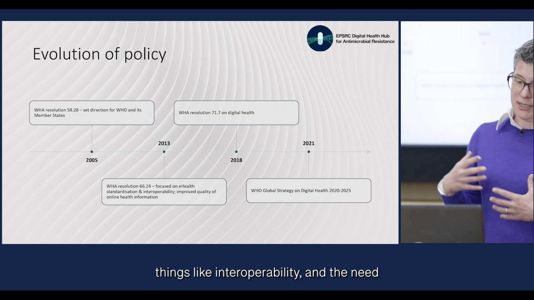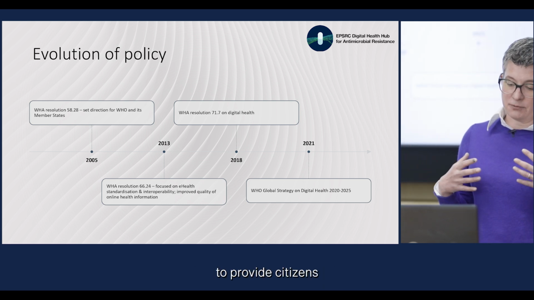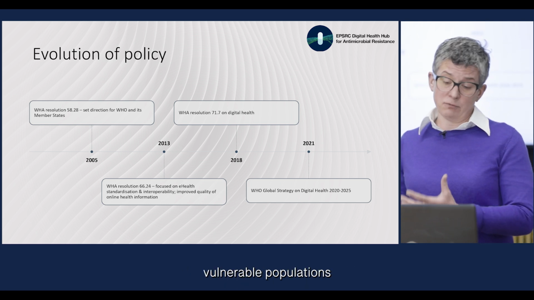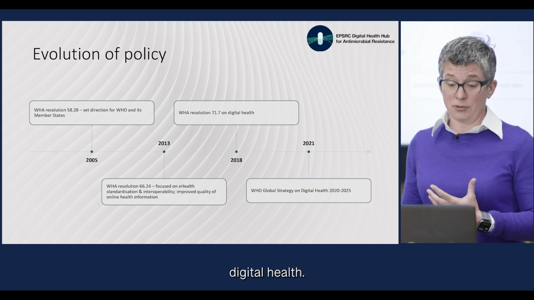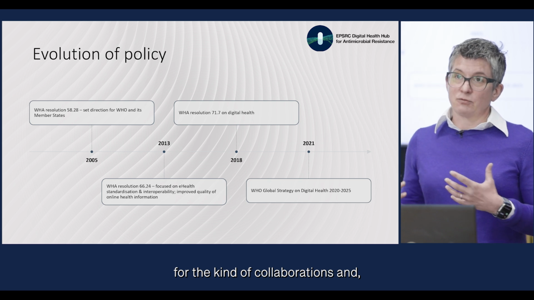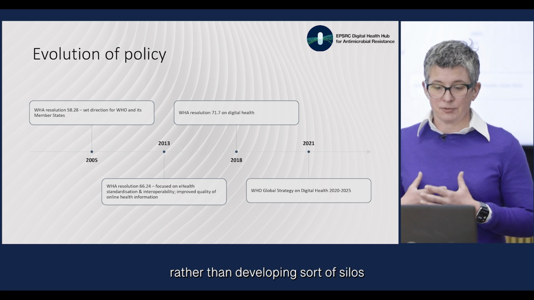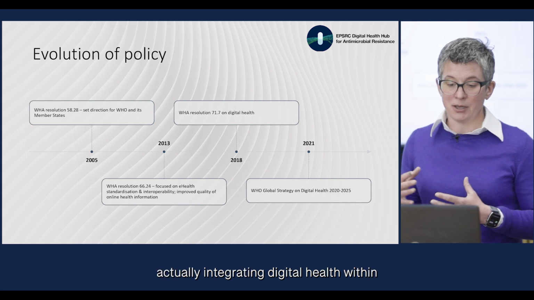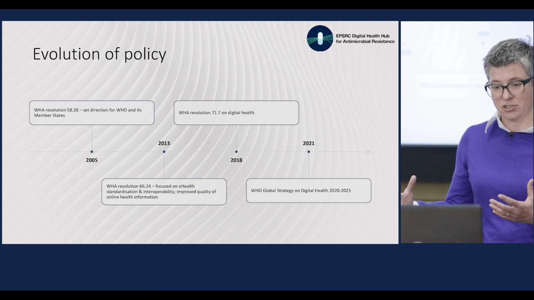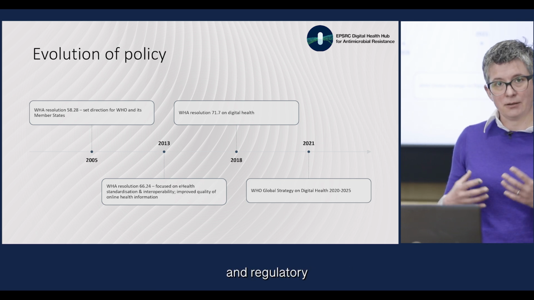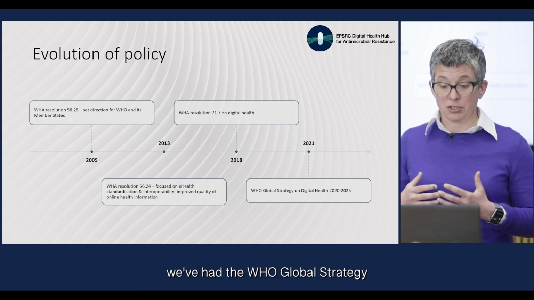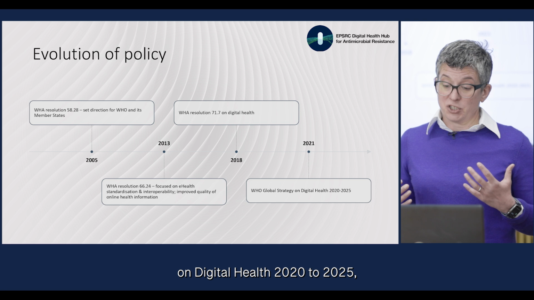Again, it covers things like interoperability, the need to provide citizens with the skills to be able to access digital health, and recognises vulnerable populations who may not be able to access digital health. And again, talks about the need for collaborations and, rather than developing silos in terms of digital health, actually integrating digital health within existing health systems, infrastructures, and including getting the legal and regulatory frameworks and ethical frameworks in place. And more recently, we've had the WHO Global Strategy on Digital Health 2020 to 2025, which I'll go into more detail about.